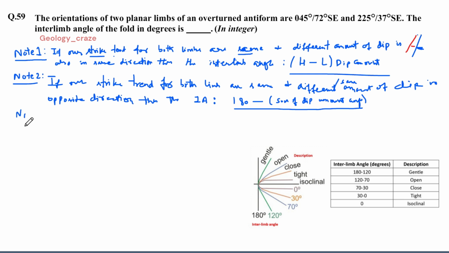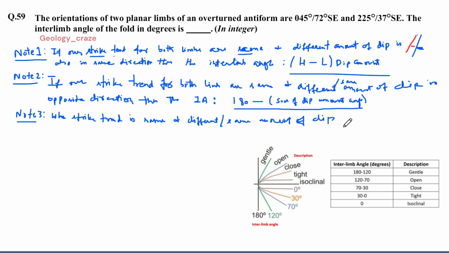Note 3 is when strike trend is not same, and different or same amount of dip in same or opposite direction.